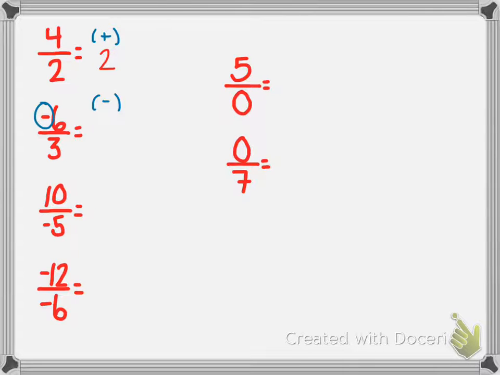And negative 6 divided by 3 equals a negative 3. I have one negative again. What does 10 divided by negative 5 equal? I have one negative, so my answer is negative, and 10 divided by negative 5 equals a negative 2. Now I have two negatives. Negative 12 divided by negative 6 is going to give me a positive outcome, and it's going to be positive 2.